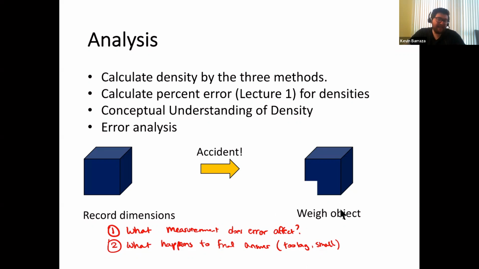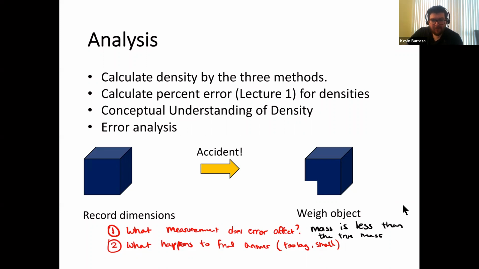This one might be a little bit apparent, but obviously if I chip off a piece and then I weigh it, the mass is less than the true mass. If I take off a piece of this object, it's going to weigh less. So the immediate effect is the mass is going to be less than the true mass.